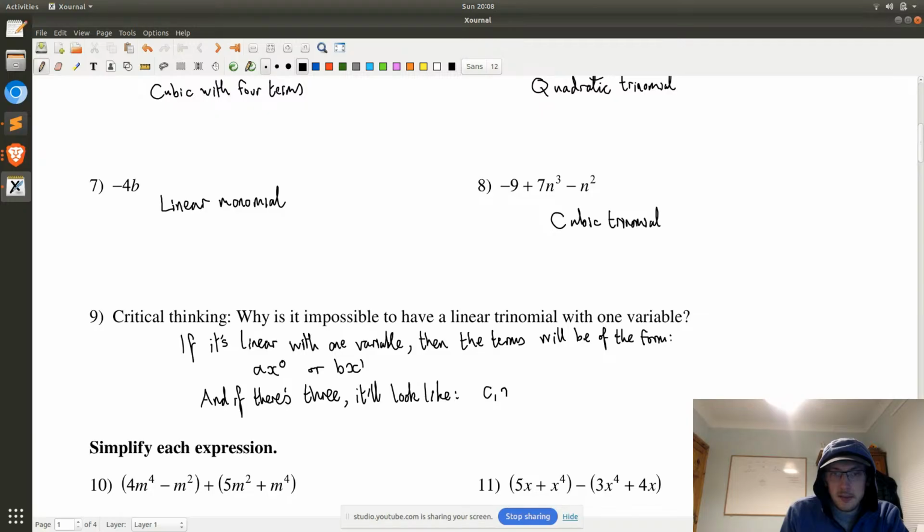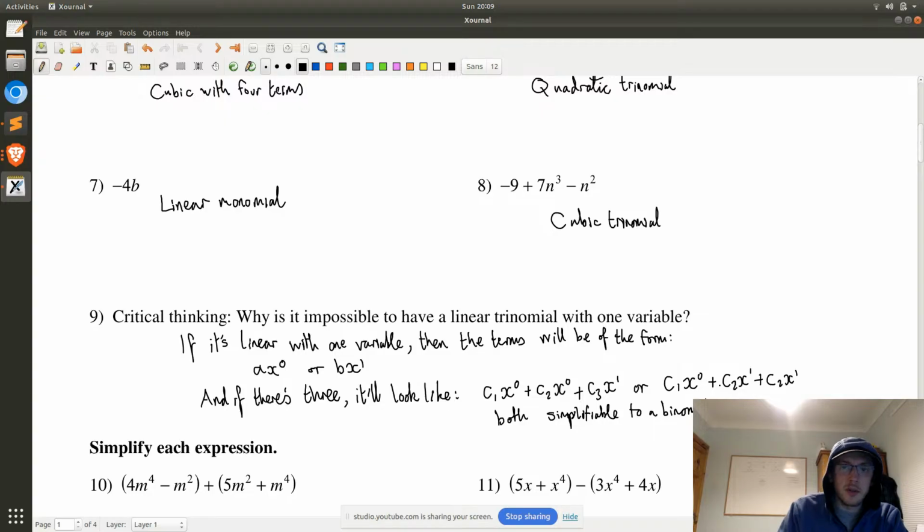It'll either look like this, or both reduced, both simplifiable to a binomial. So you can't have a trinomial that is linear.